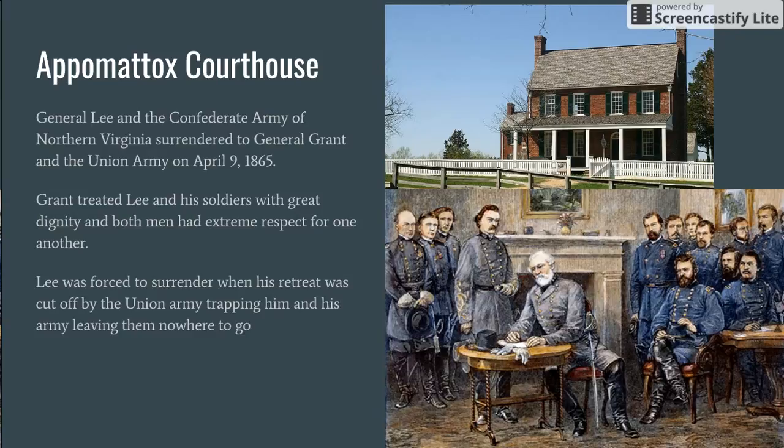Grant and the Union armies treated Lee, who was well respected in the Union Army, with dignity and respect, and did not harass, intimidate, or showboat. He allowed them to surrender and turn in their weapons. They were able to save certain things like swords as mementos. But the Appomattox Courthouse, in Western Virginia, is where the Civil War ended, in April of 1865.